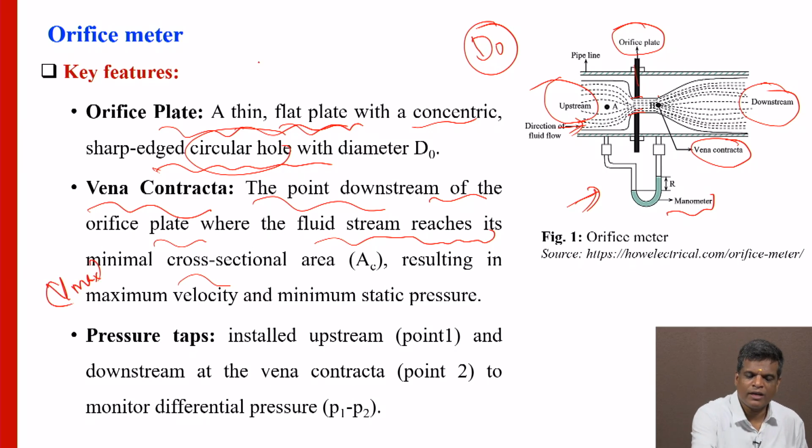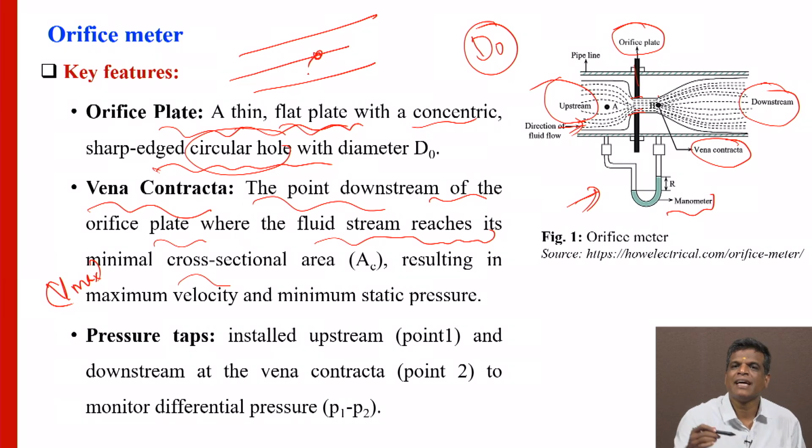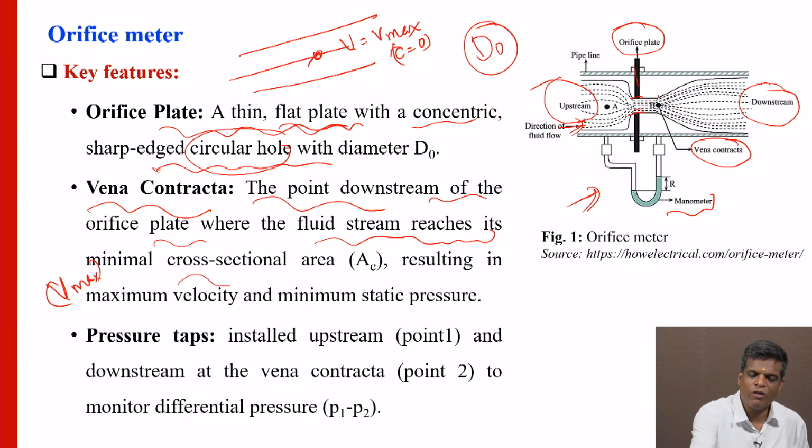In any type of flow, the velocity is maximum at the center point. Wherever V equals V max, the shear stress is 0. At the wall, the velocity is 0 but the shear stress is maximum.